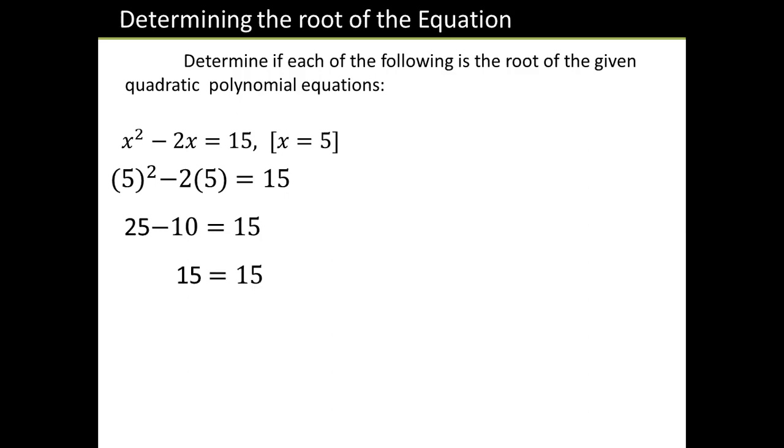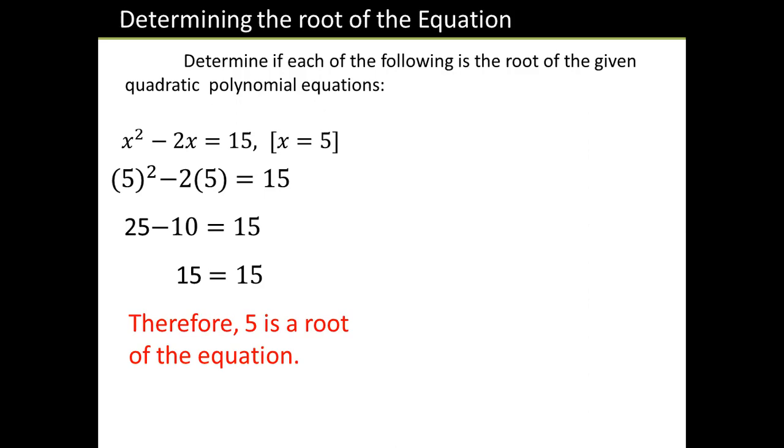Thus, you have now 15 equals 15. So that means we satisfy the equation. 5 satisfies the equation. So therefore, 5 is a root of the equation. It is the root.